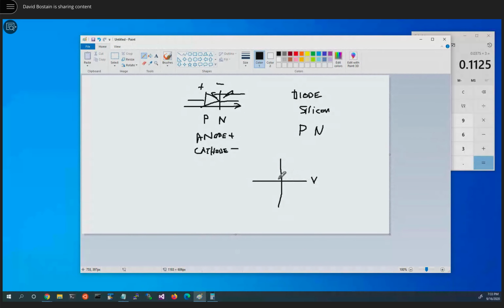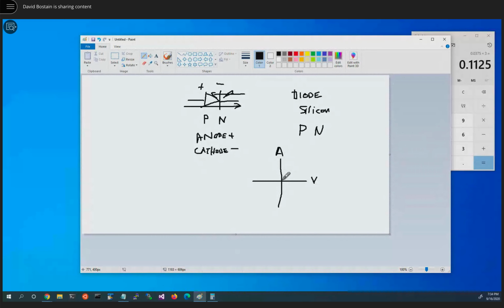If it's put in the opposite direction, so current doesn't want to flow, we're going to put it on that side and call it negative biased. Negative biased, positive biased. A diode, normally if we start applying voltage, and we're going to think of this as current. The vertical axis is how much current is flowing, either in the correct direction or in the wrong direction.